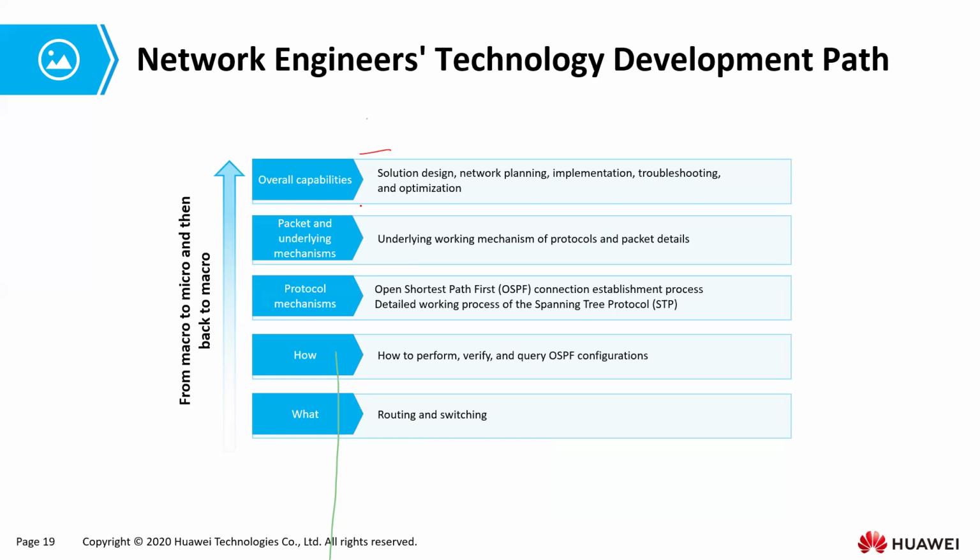I think this is what you'll be responsible for as a network engineer. That's the ultimate goal. And with our certification program, the hope is that we get you to the top here, being able to design, plan, implement, troubleshoot, and optimize a network.